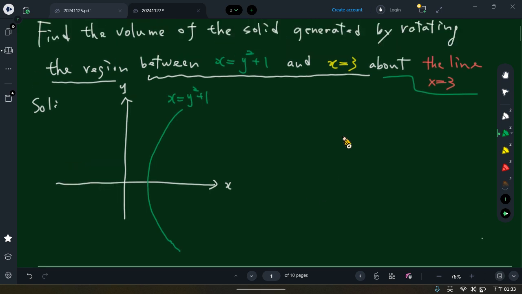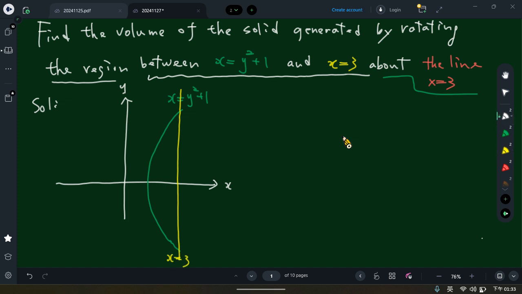And this is a vertical line, s is equal to 3. So with these two curves, you can enclose a region. This one, right?